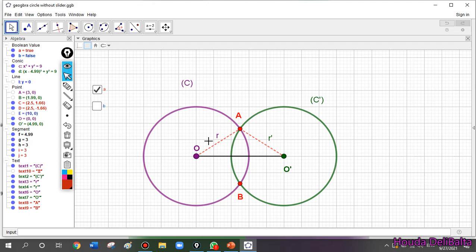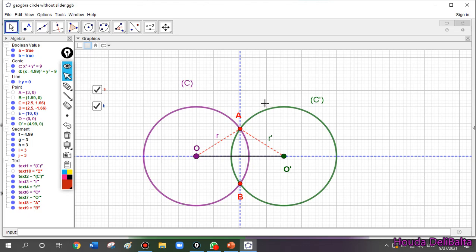What do we notice? We can notice that when the circles are equal intersecting, then also we have that the line holding the centers is an axis of symmetry, and also the line holding the intersection points is an axis of symmetry.